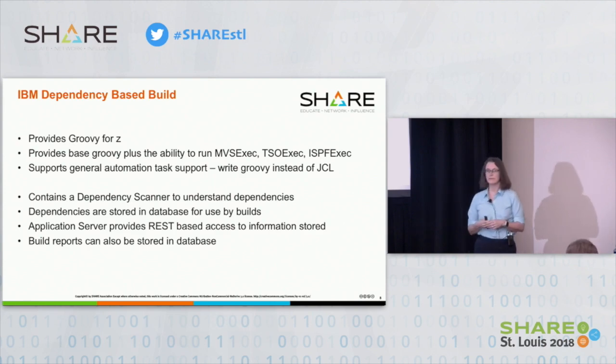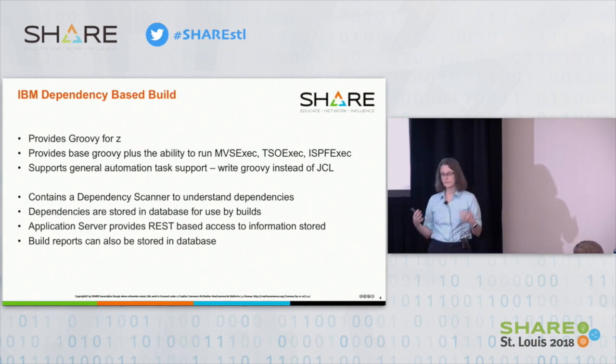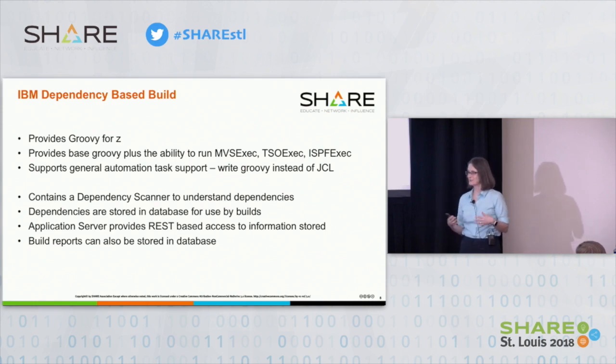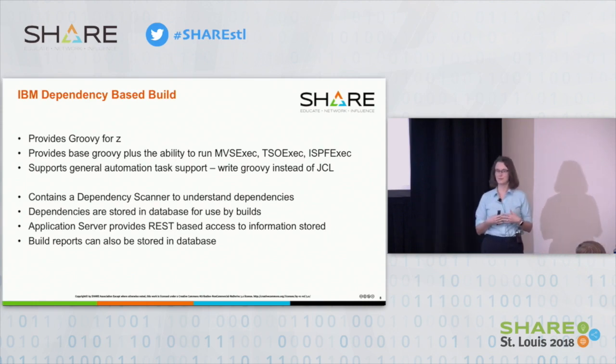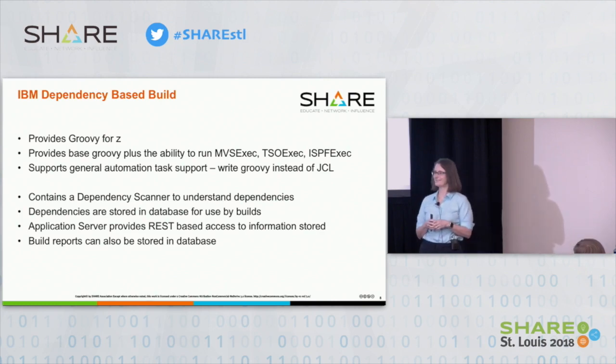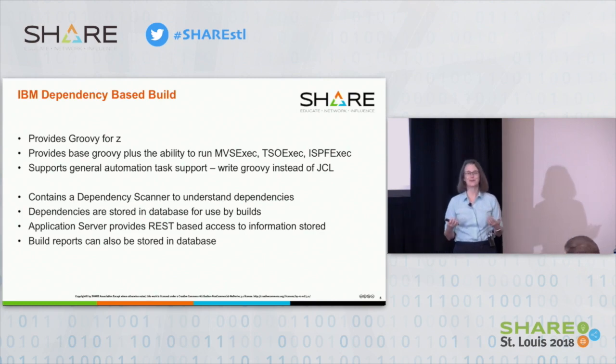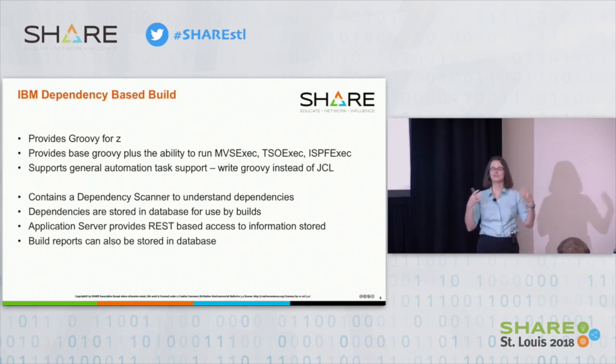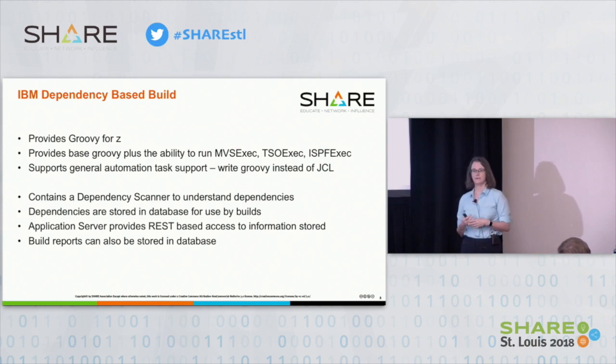We provide MVS exec, TSO exec, ISPF exec, and with this, you can do general system automation. There are some people in the room who have done something with general system automation, and there might be a session on Wednesday morning at 8 o'clock talking about some of that as well, in which we'll talk about how you can actually do system work with Groovy on z/OS.